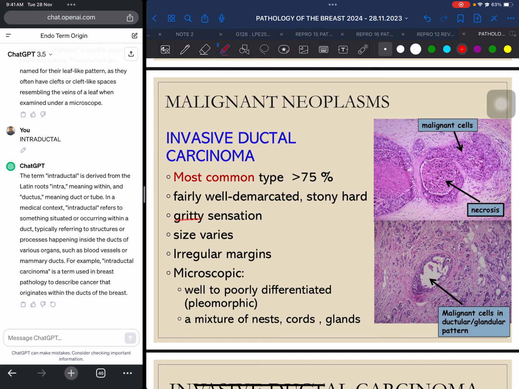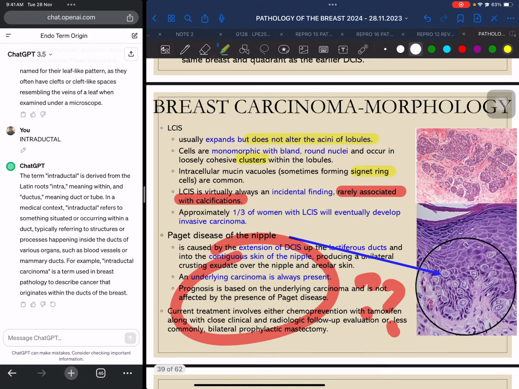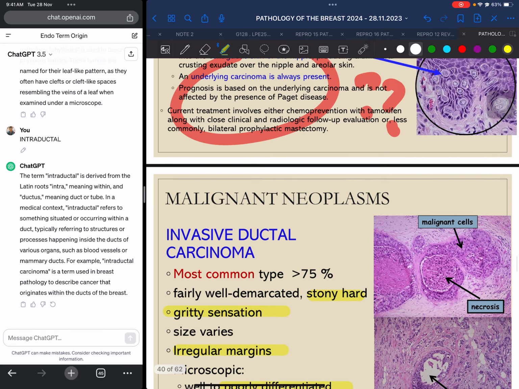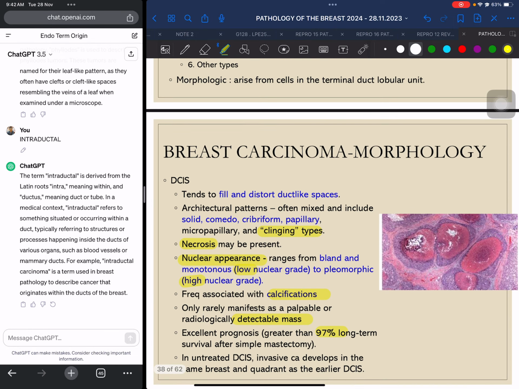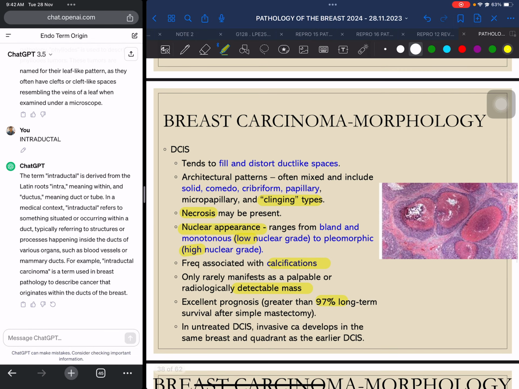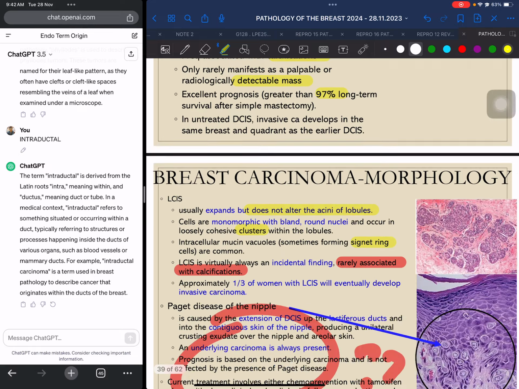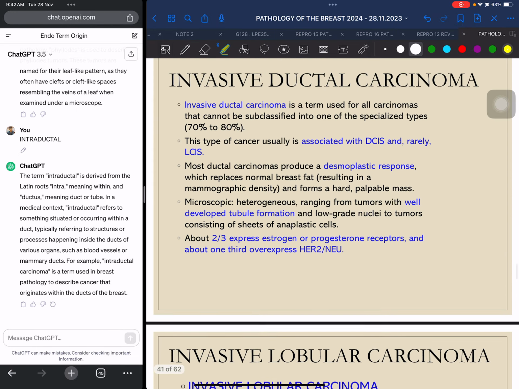For invasive ductal carcinoma, this is the most common type. They are fairly well demarcated and stony hard, but still with irregular borders and a gritty sensation because of the calcification. The size may vary, and microscopically the cells range from well to poorly differentiated. Those are the malignant glands.